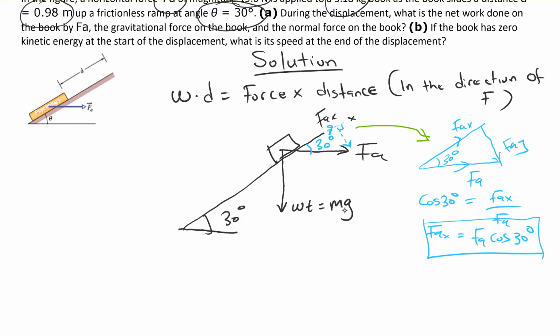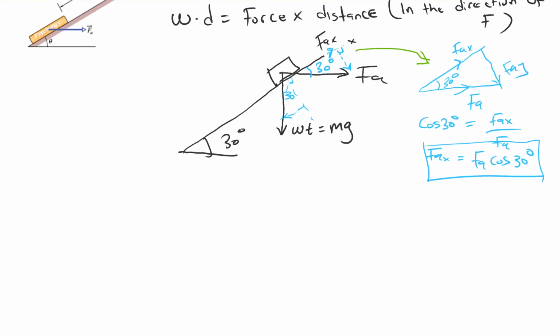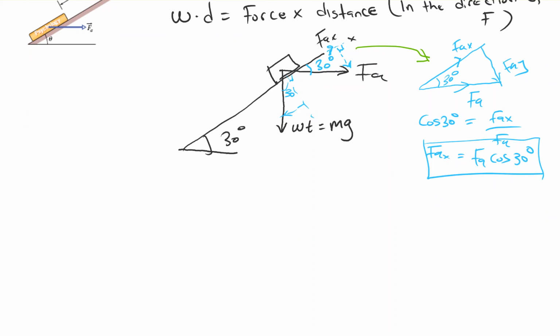The weight of the object will also have two components, one that is perpendicular to the plane and one that is parallel to the plane. Now this angle in here will be 30 degrees, and then solving this, or bringing out this triangle, we have mg here.